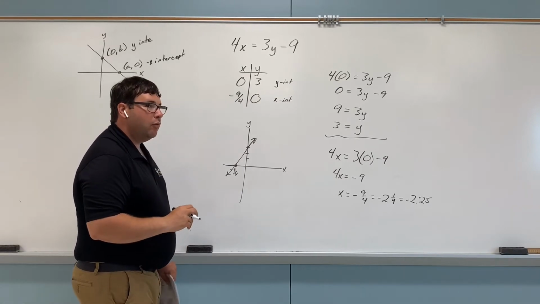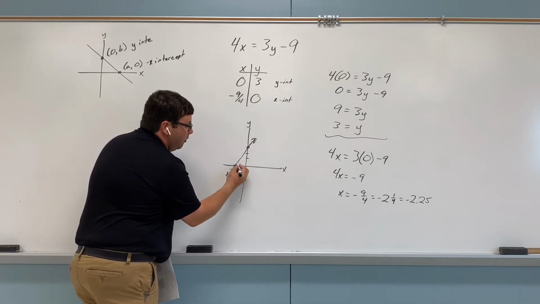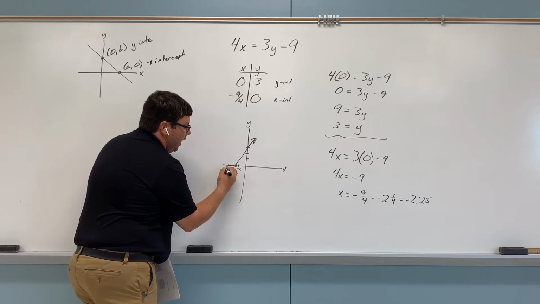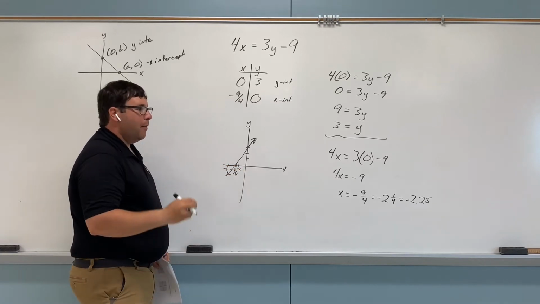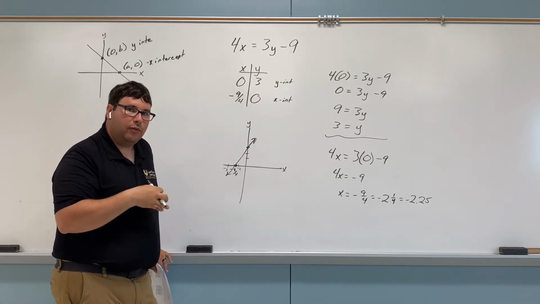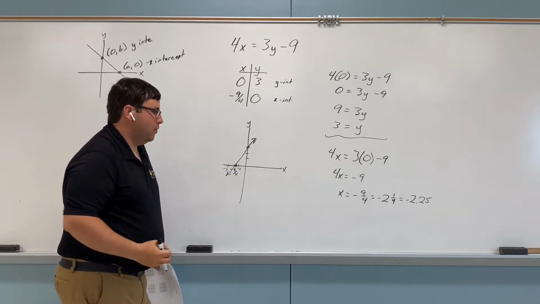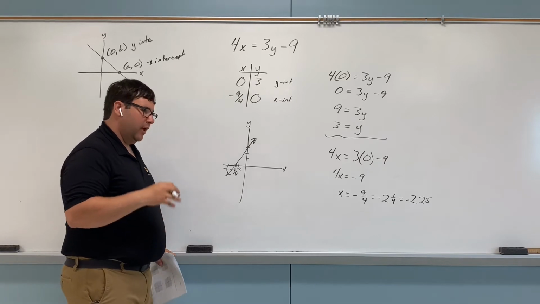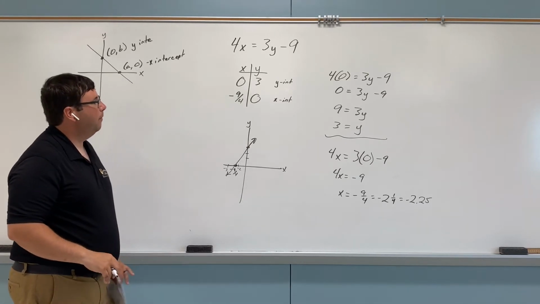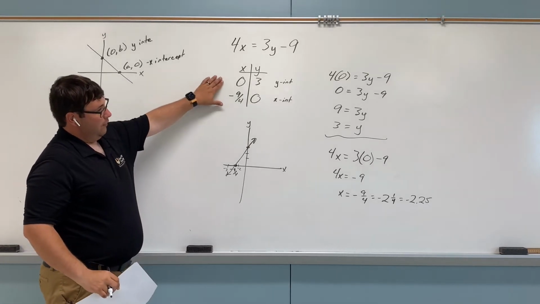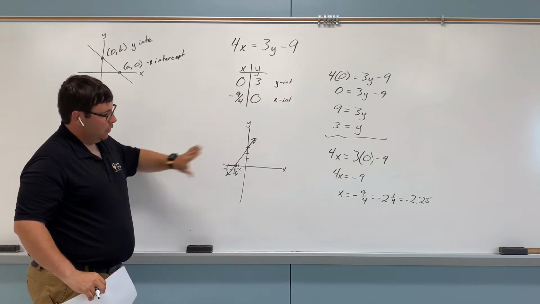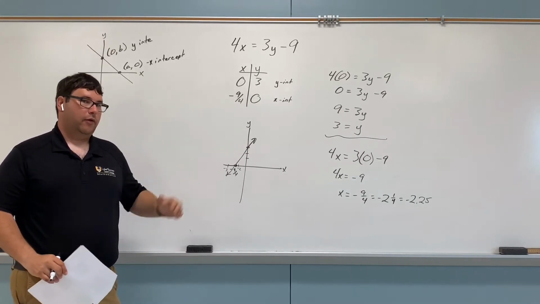So that tells you right there that I'm looking at a value between a negative 2 and a negative 3. And I'm only 1/4 of the way to the negative 3, so I'm a little bit closer to that negative 2 value. Again, that's for purposes of graphing by hand. But you have your intercepts, you have your graph, and that's all you need.